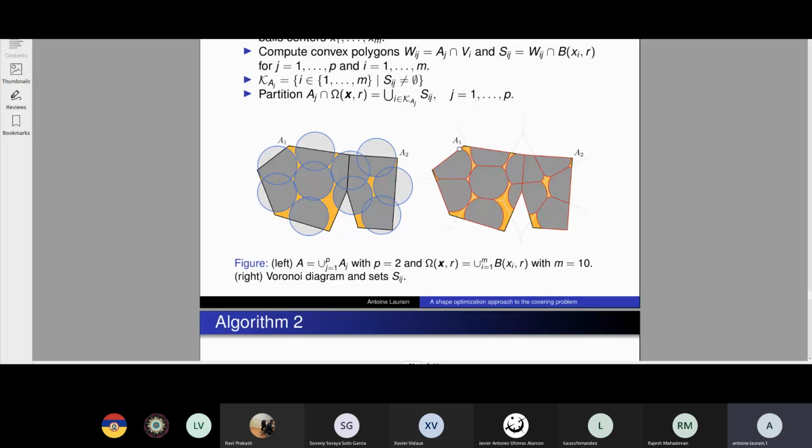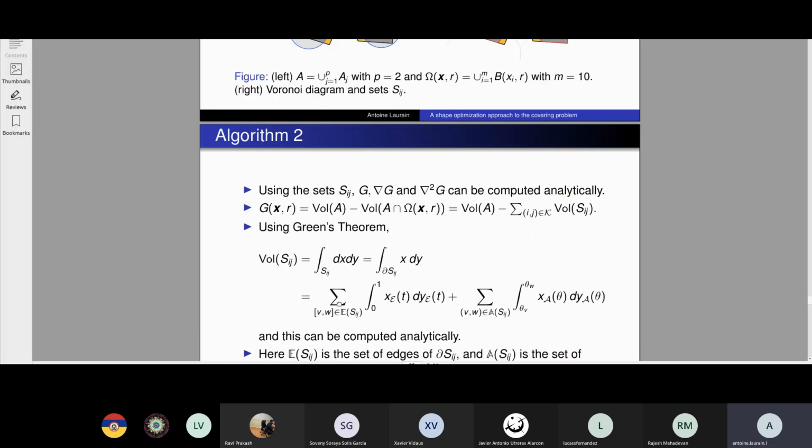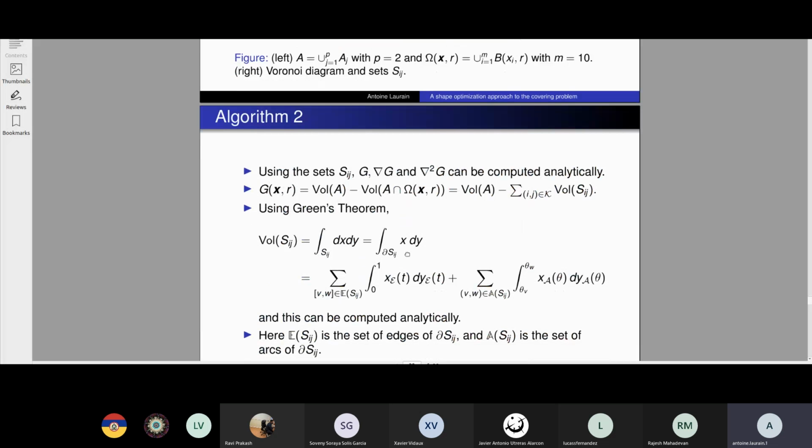And you can see that the boundary of this S_ij is just segments, straight lines, or arcs. So when you want to compute the volume of this region, you can just use Green's theorem, and you get a completely analytical expression for this volume.